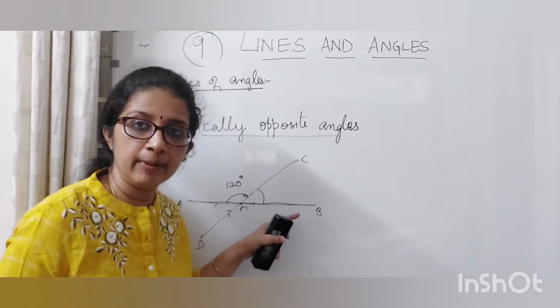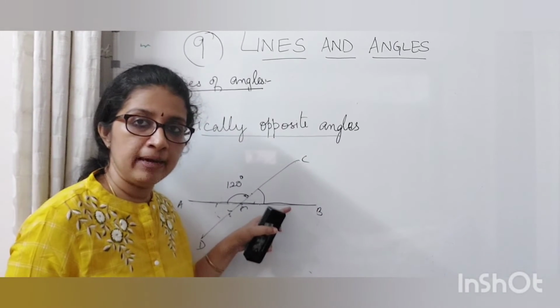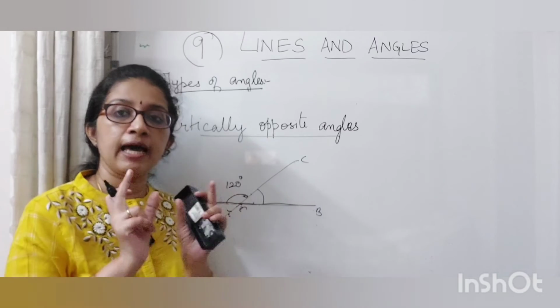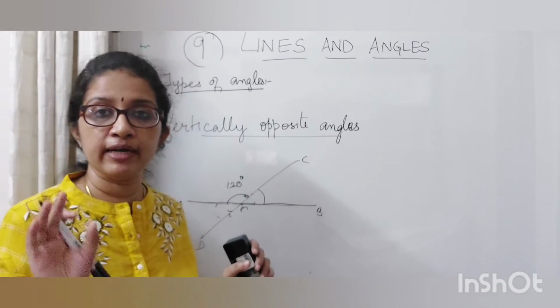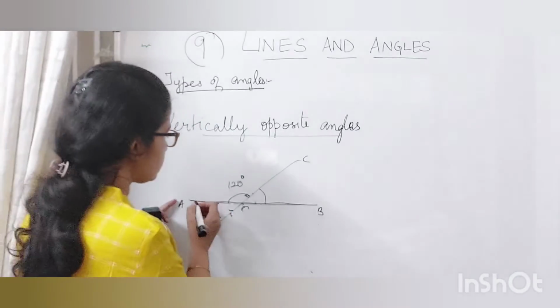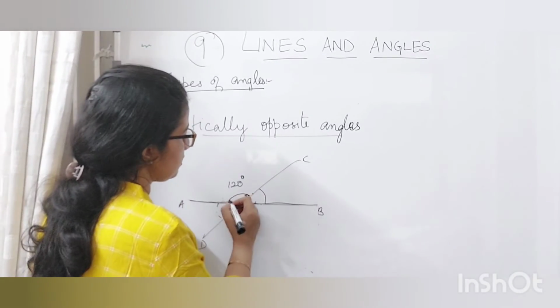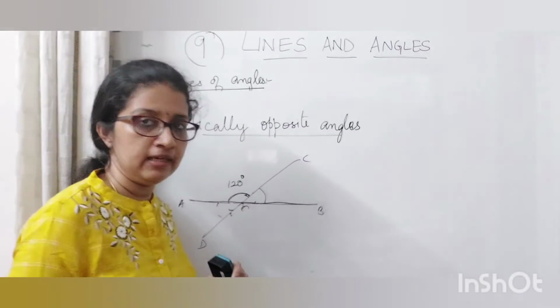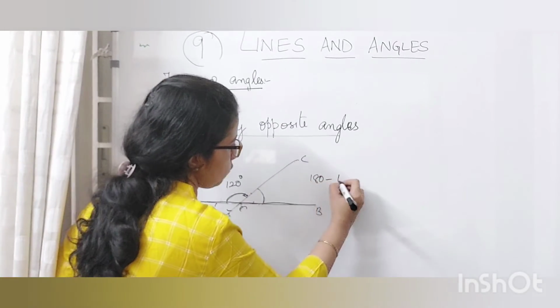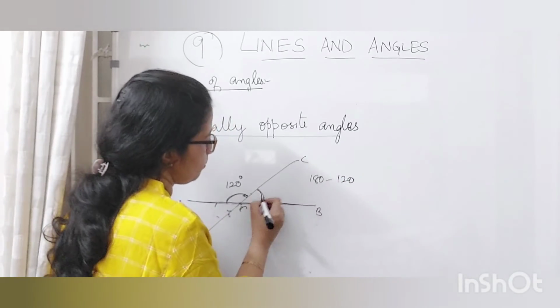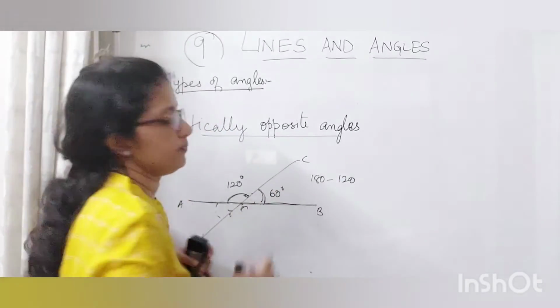What do you mean by linear pairs? The sum of the angles in a linear pair will always be how much? 180 degrees, right? Because this is 180 degrees. This they have given as 120 degrees. So how much is this? 180 minus 120. So this should be 60 degrees.